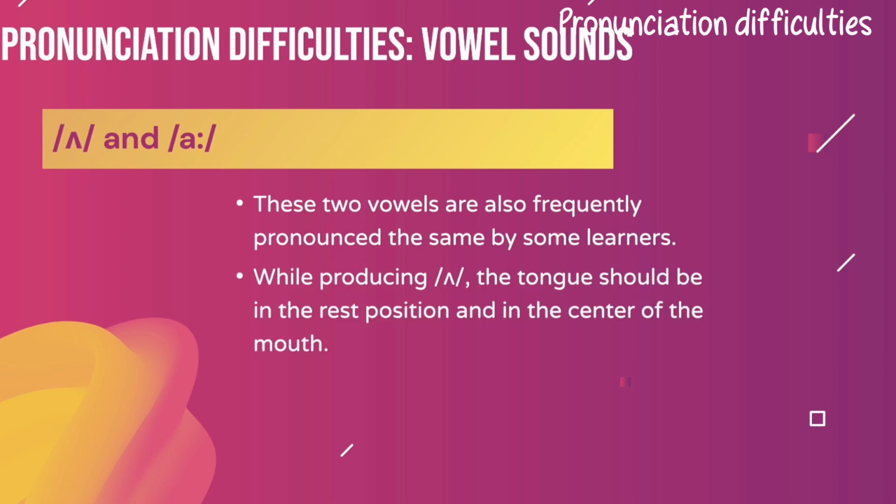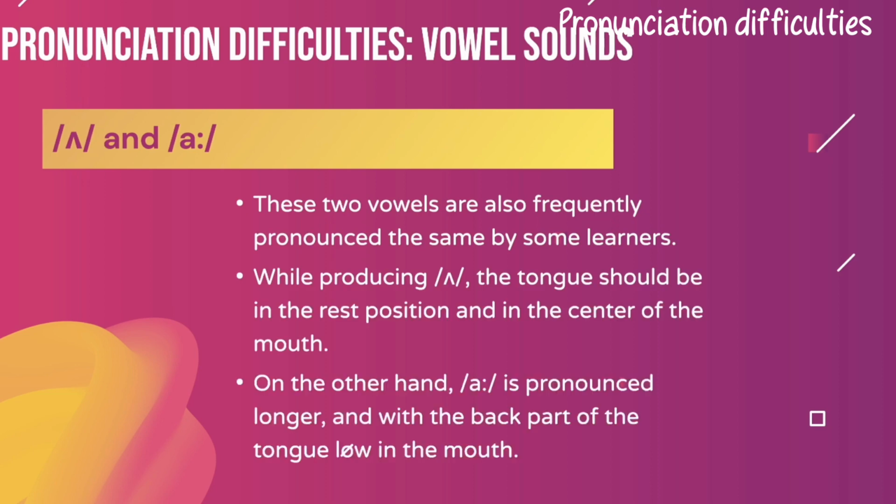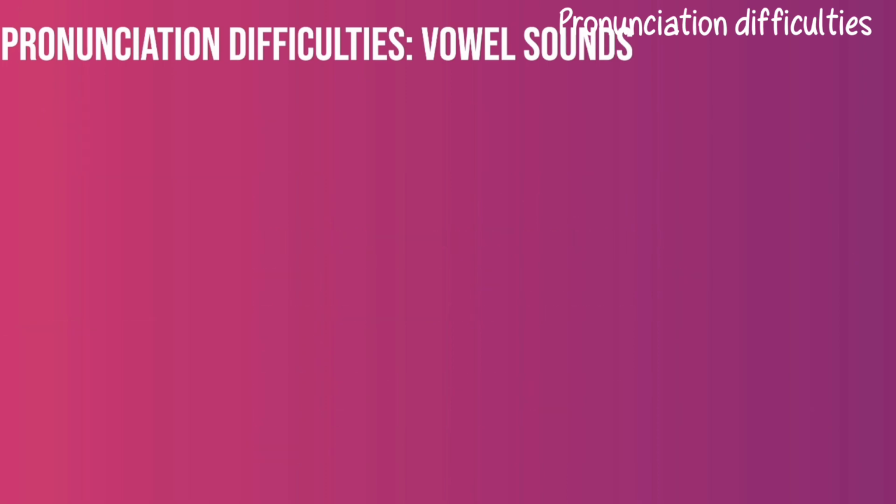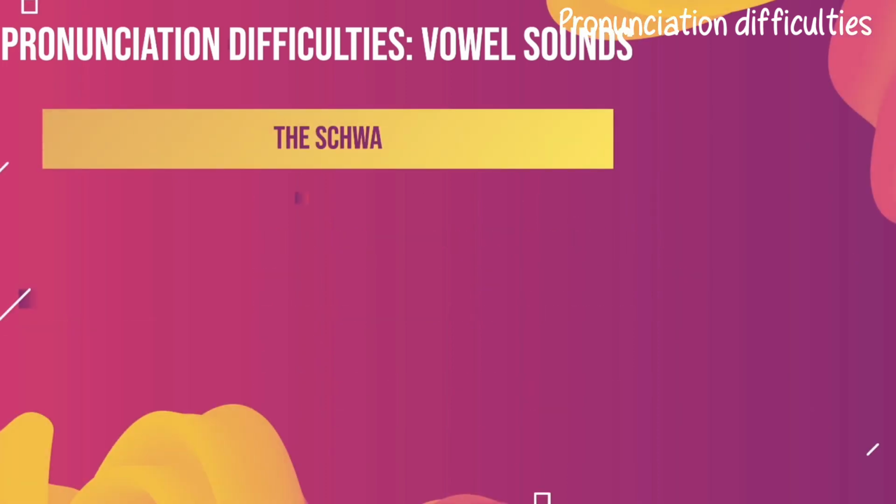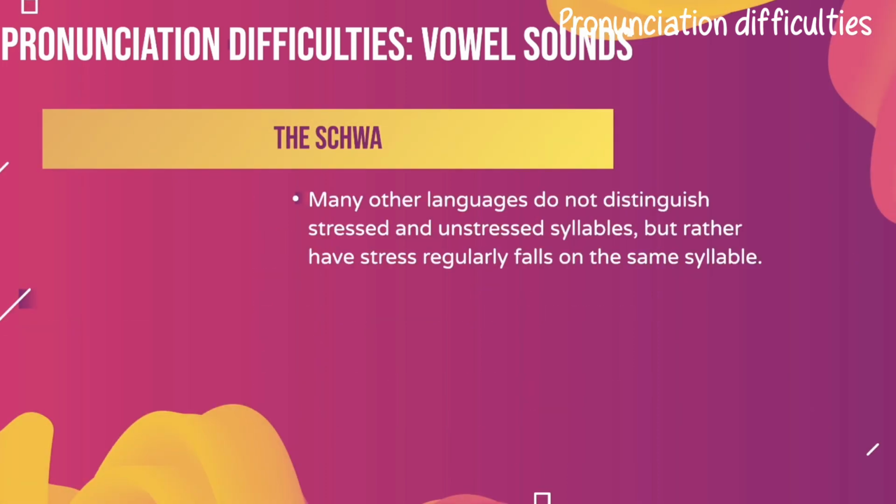And the last one, the schwa sound. Many languages do not distinguish stressed and unstressed syllables, but rather have stress regularly fall on the same syllable, for example, in Thai.